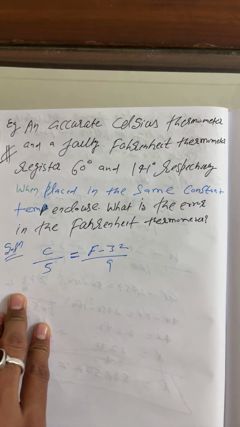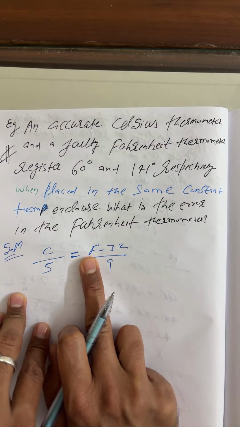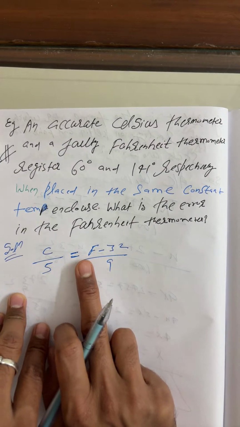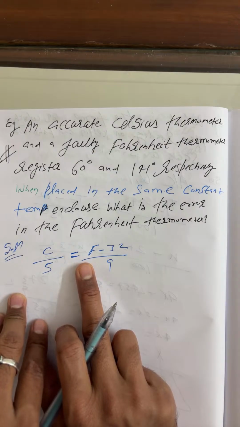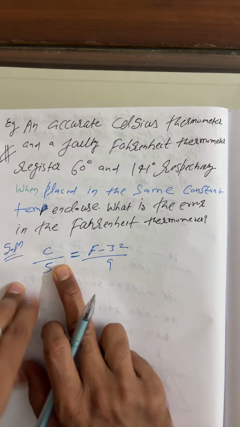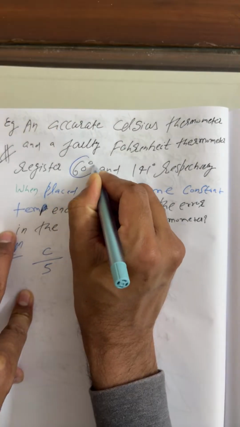Okay, so first we can find the Fahrenheit temperature. What's mentioned in the question? This is 141 degrees Celsius. First you can find the Fahrenheit temperature. The degree Celsius mentioned is 60 degrees Celsius.